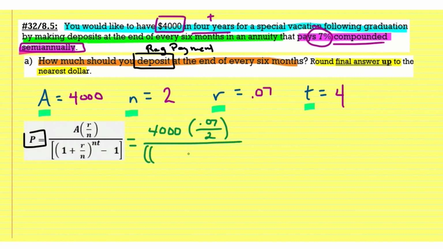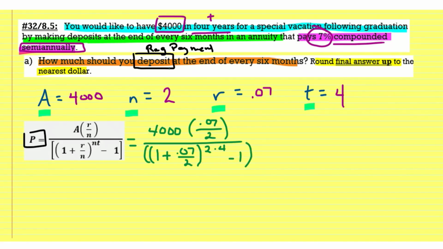You can use brackets if you want to, but I just tend to put everything in terms of parentheses. So 1 plus the ratio of 0.07 divided by 2 times per year we're going to make our payment. Close that parentheses, raise it to the twice a year we're going to make payments times the number of years, which is going to be 4. Then I'm going to subtract 1 and then close my parentheses.